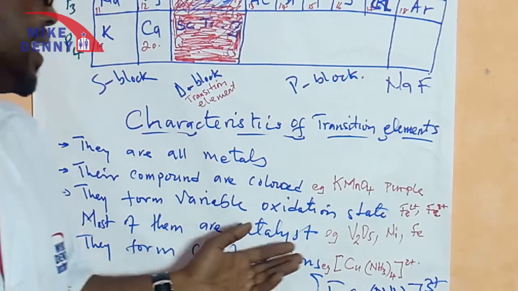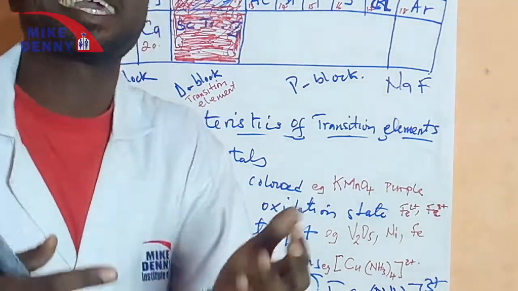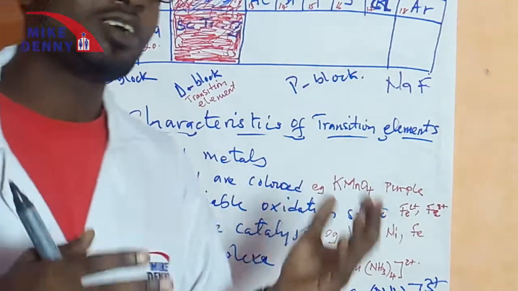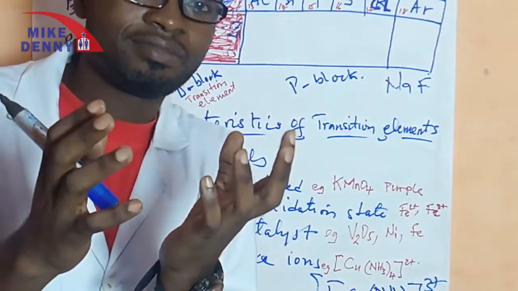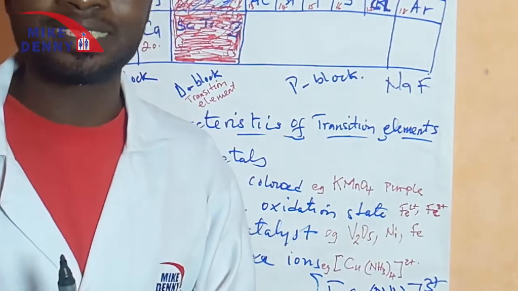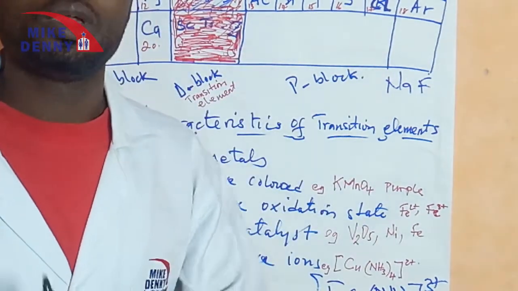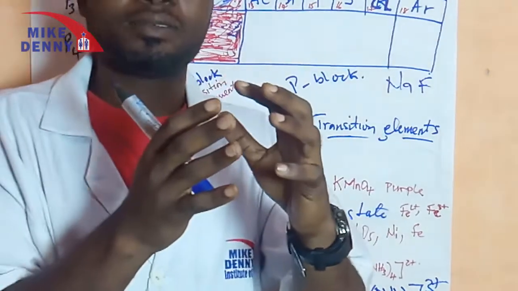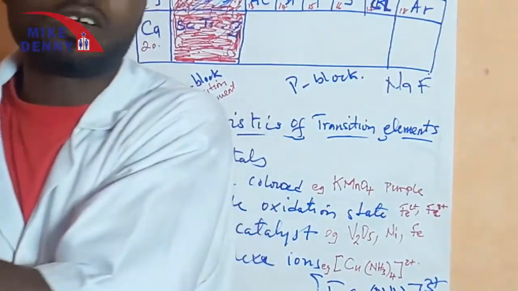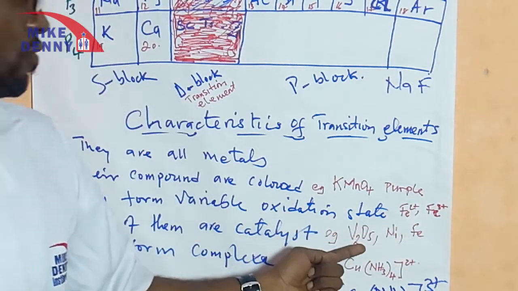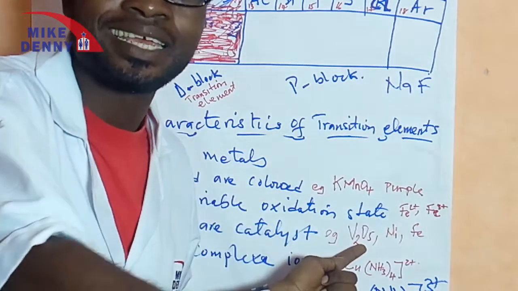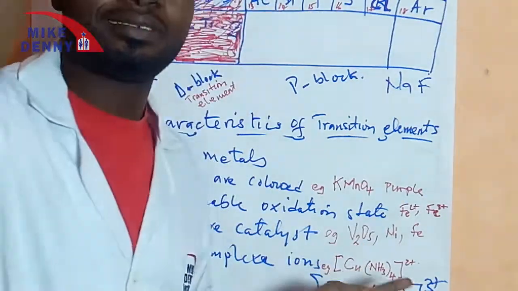Most of them are catalysts, or they act like a catalyst. For example, vanadium pentoxide acts like a catalyst when we are producing sulfuric acid in industry. When sulfur dioxide reacts with oxygen to give sulfur trioxide, we must use vanadium pentoxide as the catalyst. It facilitates that reaction.